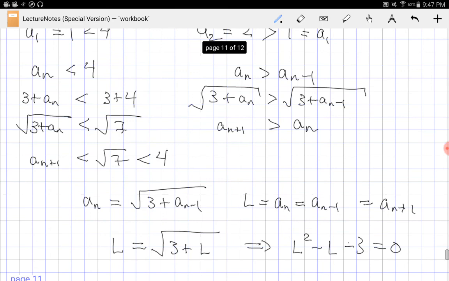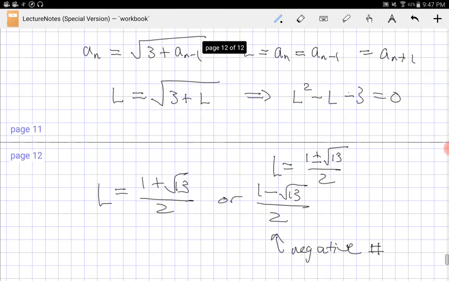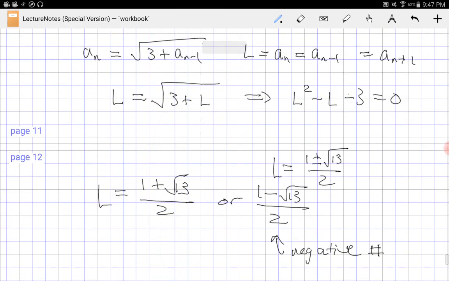If our lower bound is 0, then our sequence can never go below 0, and negative numbers are obviously below 0. So we can say that the limit cannot be negative and it must be equal to (1 plus the square root of 13) over 2.